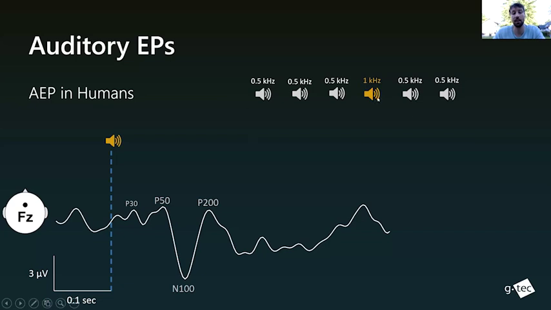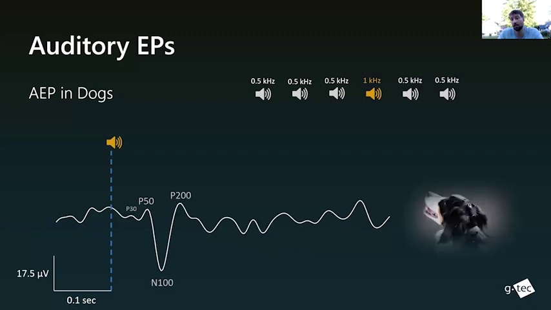If you then play this auditory file and average the stimuli, you get this auditory potential response in humans. On Fz, it's, for example, at 30, 50, and 100 milliseconds, in a range with 0.1 seconds as scaling and 3 microvolts, typical for humans.